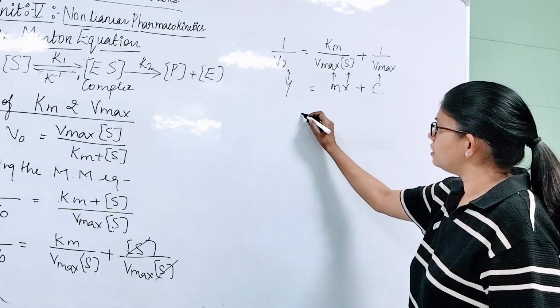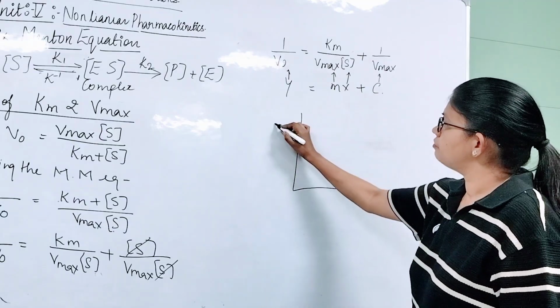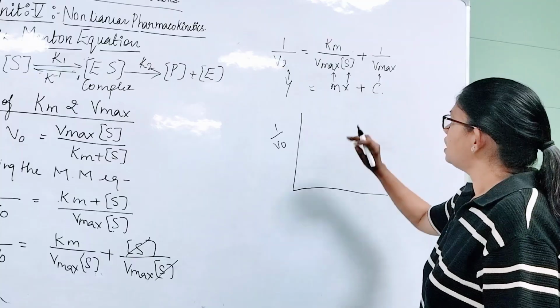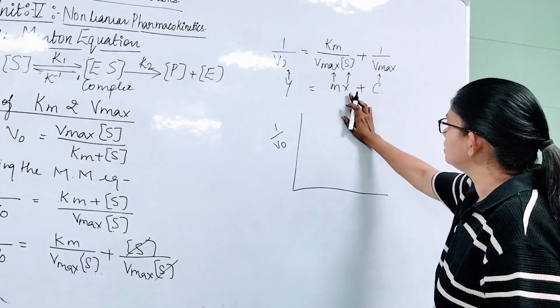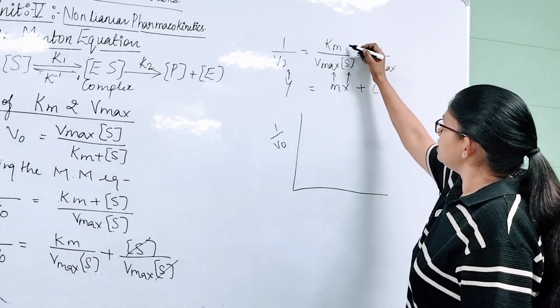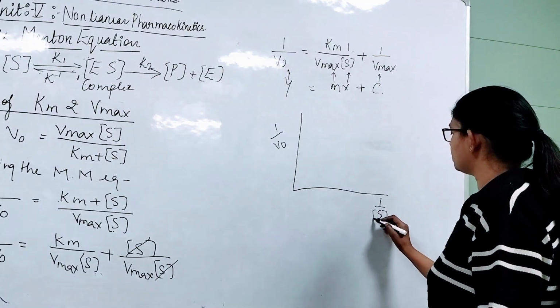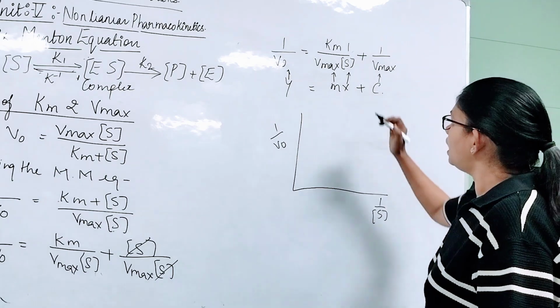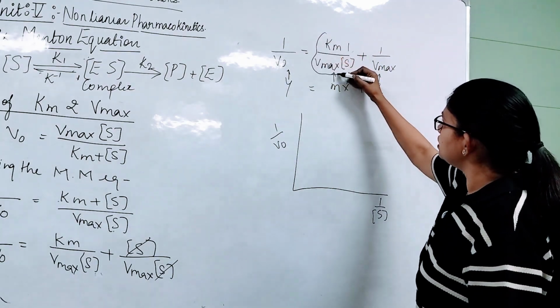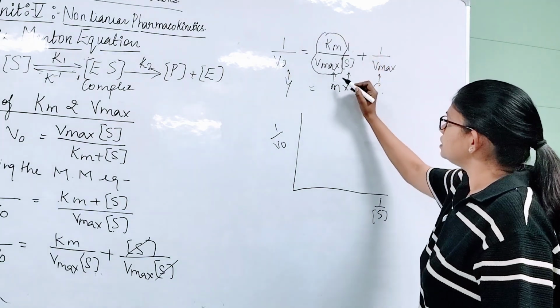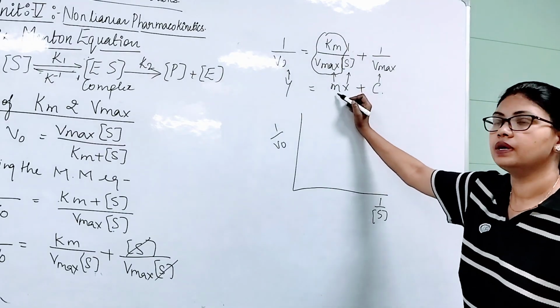So y will be equal to 1 upon V naught, and on the x axis it will be 1 upon S, substrate concentration, and this value will be equal to the m.